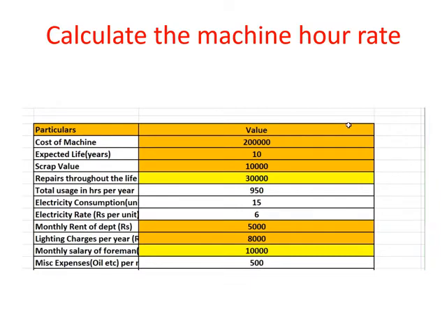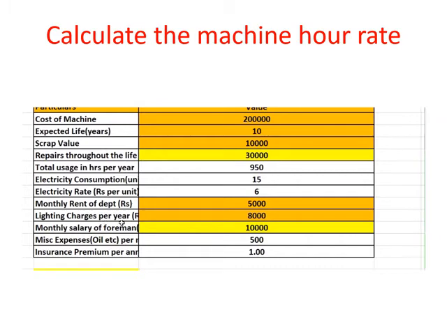In this problem, we are calculating the machine hour rate. Hope you have taken these data: cost of the machine, expected life in years, scrap value, repairs throughout life, total usage in hours per year is 950, electricity consumption, electricity rate per unit, monthly rent, lighting charges, monthly salary of foreman and other expenses per month, and insurance premium per annum is 1%.